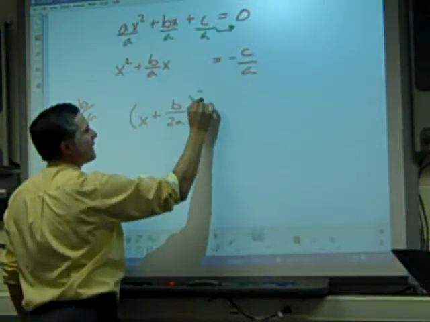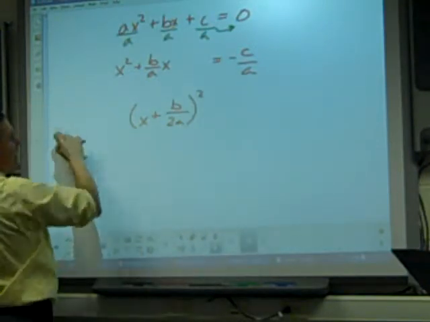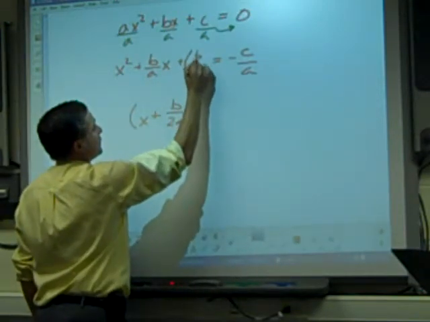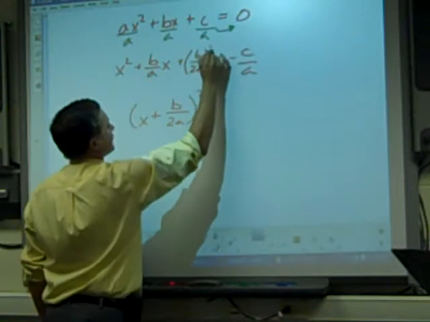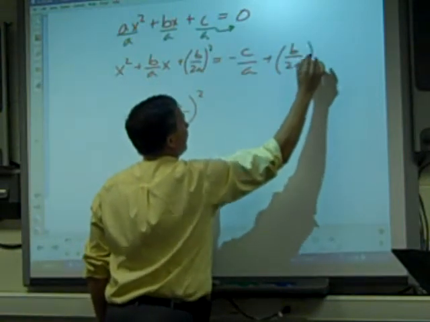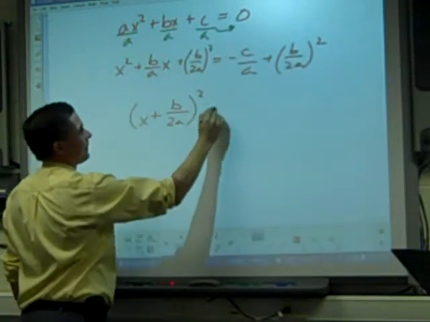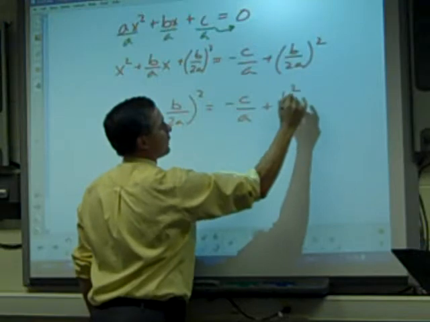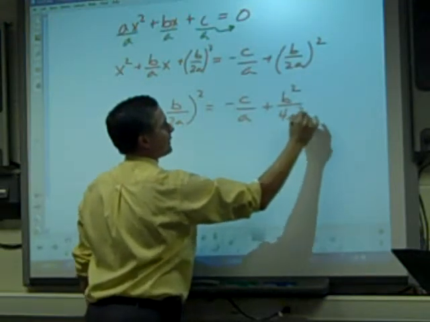And if I'm going to make this jump, I have to have a trinomial. So I have to have b over 2a squared. Well, I'll do the math. And I get b squared over 4a squared when I square that.